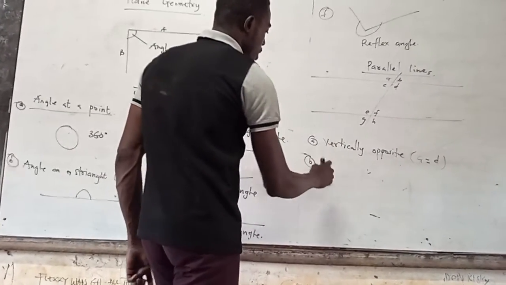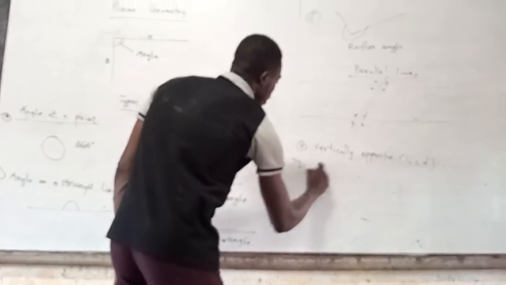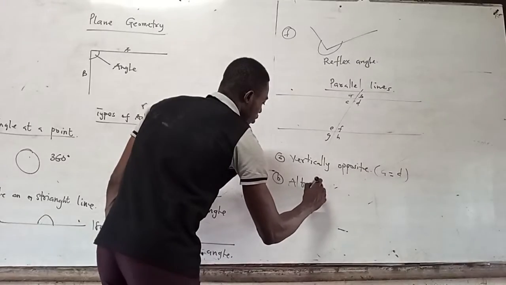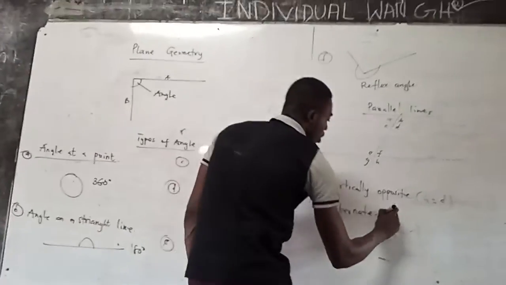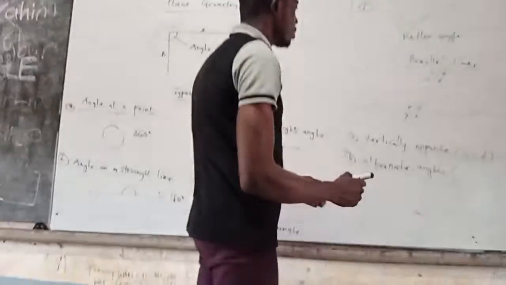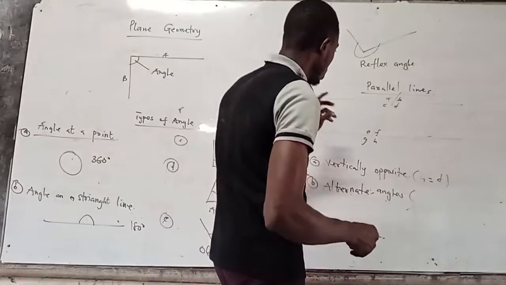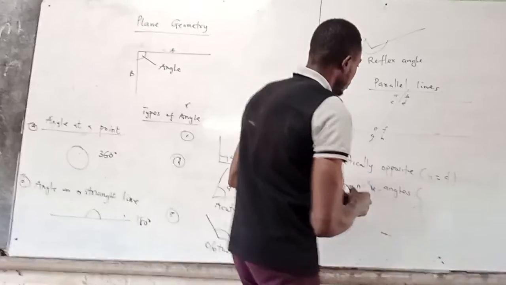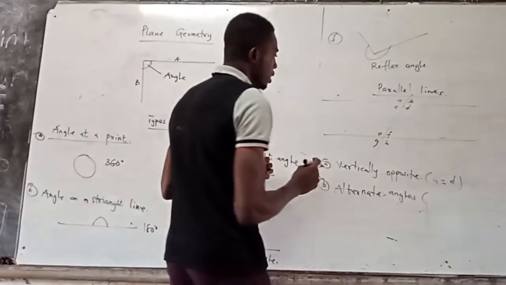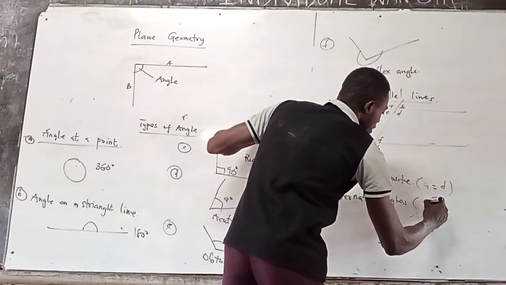Another one we have is what we call alternate angles. When you talk about alternate angles, C and F, they are alternate. You understand why we say they are alternate.